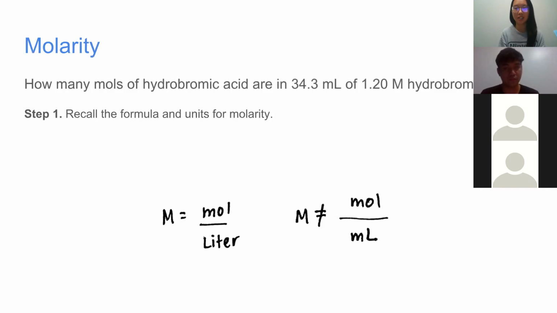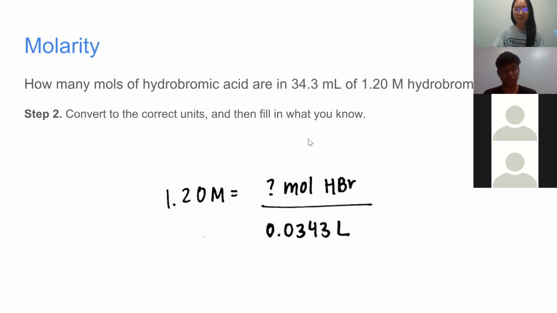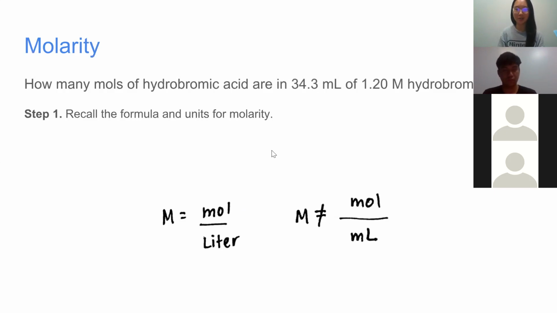We are given the units in milliliters, but the formula for molarity is only in moles per liter. So we cannot use these numbers as is. We have to convert to the correct units, fill in what you know, and then solve for your unknown variable. Go ahead and try it out.